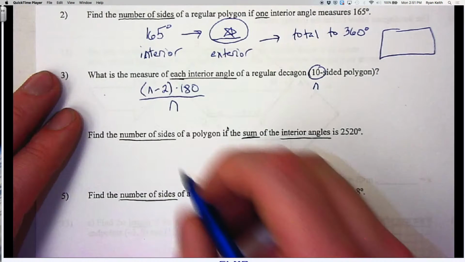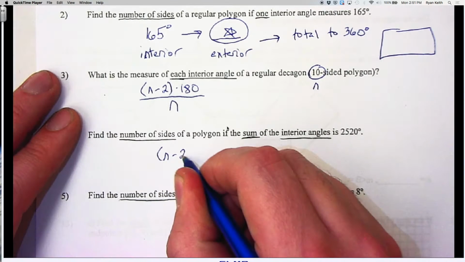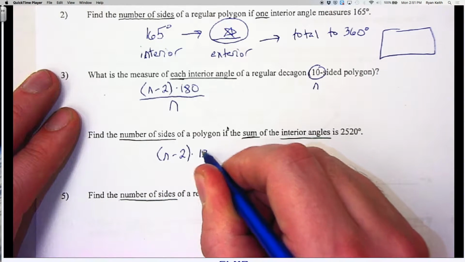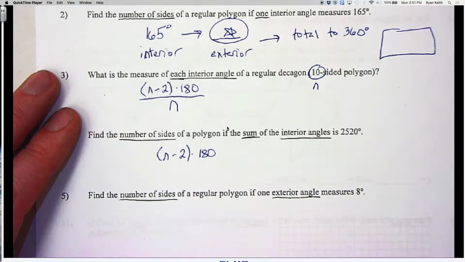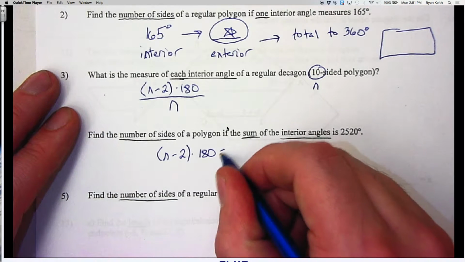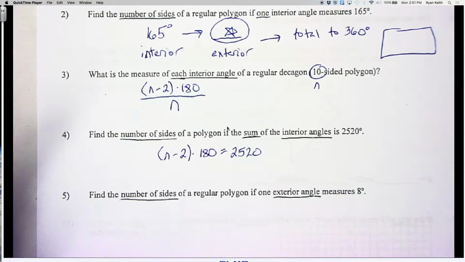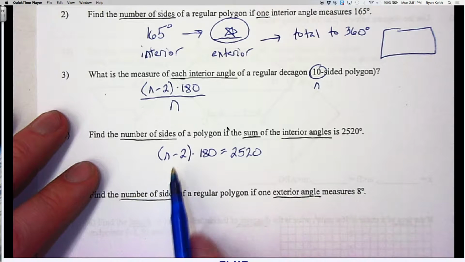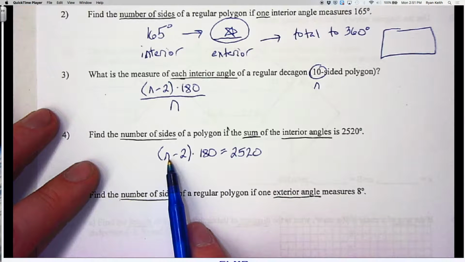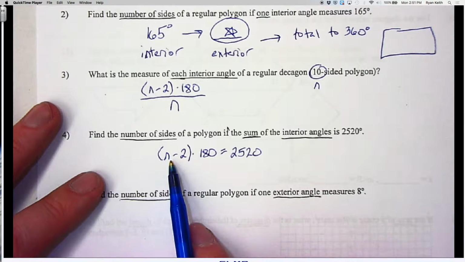But we're still using the exact same formula that we used in question 1. It's just that this time we knew what the total was and we're seeking to solve for n, find n, algebraically.